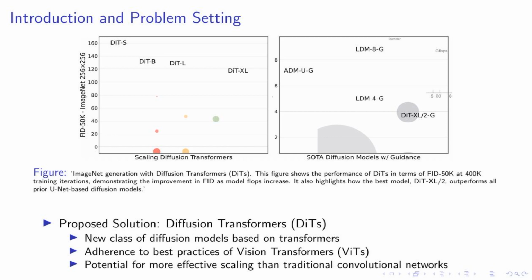It shows the performance of DiTs in terms of FID50K at 400K training iterations. As you can see, there's a clear improvement in FID as model flops increase. Most notably, the best model, DiT-XL, outperforms all prior UNet-based diffusion models. This is a significant leap forward in our field and opens up exciting possibilities for future research.